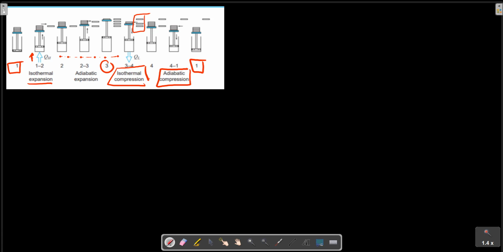The important point to be made here is that the Carnot cycle, regardless of what the working substance may be, always has the same four-stage process.